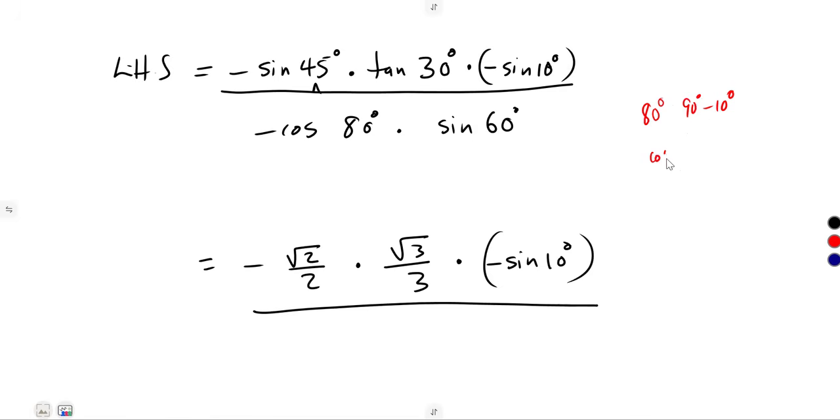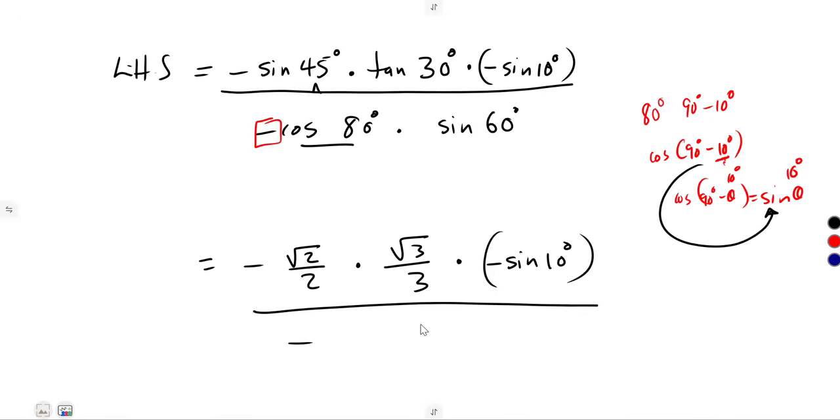So it is the same as cos of 90 degrees minus 10. Remember, cos of 90 degrees minus theta is the same as the sine of theta. So our theta is 10. So it's going to be sine 10. But there's a negative, take note here, which was already there. So cos 80 is the same as sine 10, just like that.